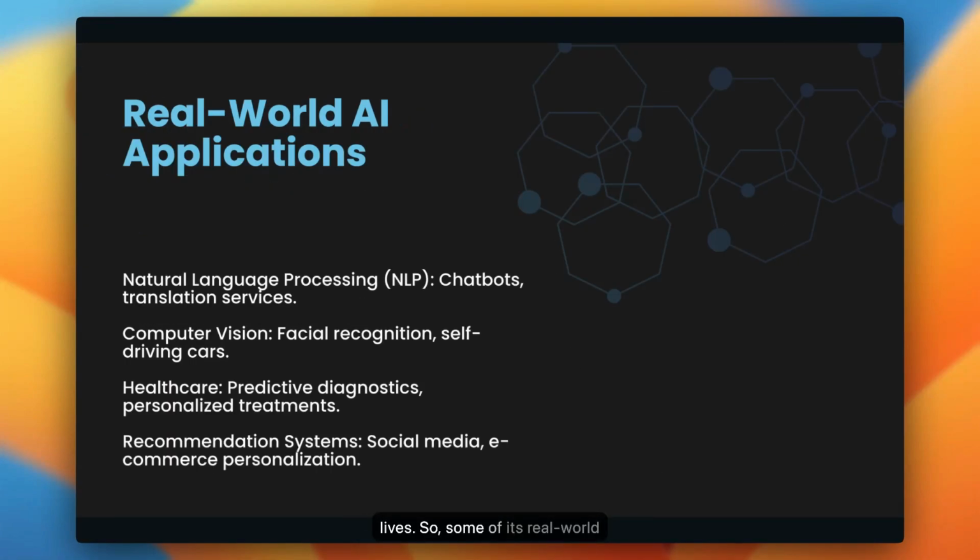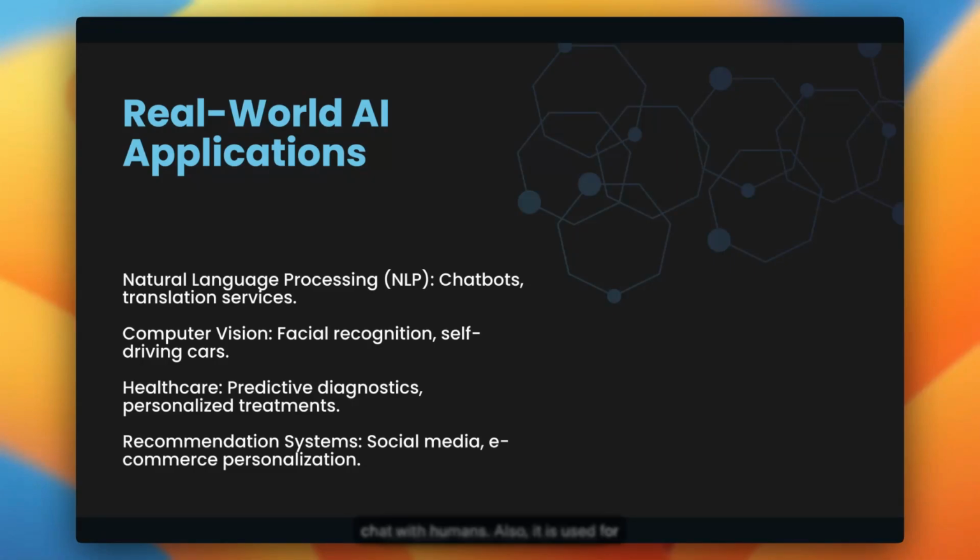So some of its real-world applications are that it is very crucial in NLP, which stands for Natural Language Processing. So language translation services, chatbots, and voice assistants like Alexa, Siri, even ChatGPT, because it uses NLP to give us responses and just chat with humans.